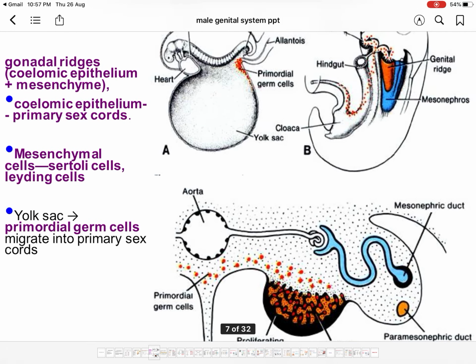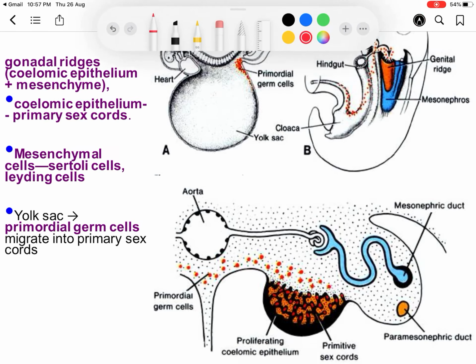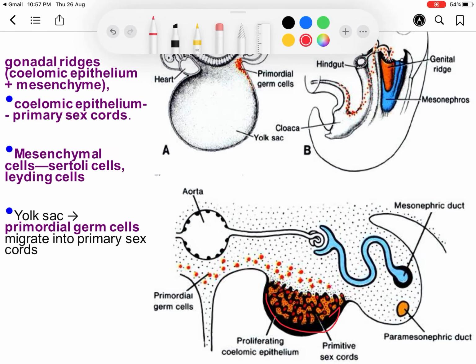Now, we can see that the gonadal ridge is formed by coelomic epithelium with the mesenchyme. In this diagram, this is the coelomic epithelium, the blackish one, and underneath it the mesenchyme is present.